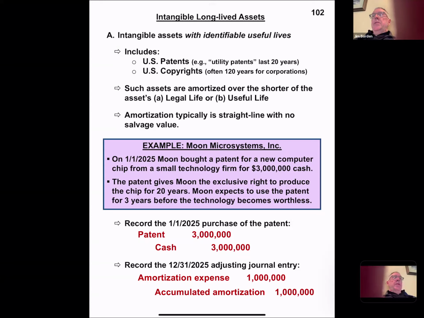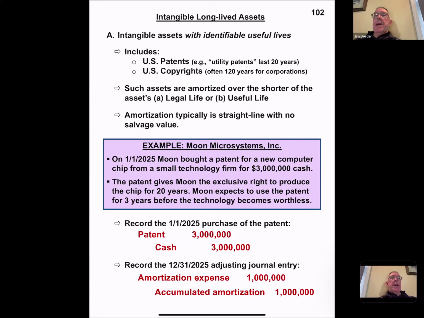Well, one thing to note is you can't make up your own value for how much you think a patent is worth to you. So when this other company, let's say they bought this patent from ABC Tech. So ABC Tech got this patent for a new computer chip, and on their books, that patent would be worth whatever it costs to acquire the patent. That's typically legal fees to file for the patent itself.